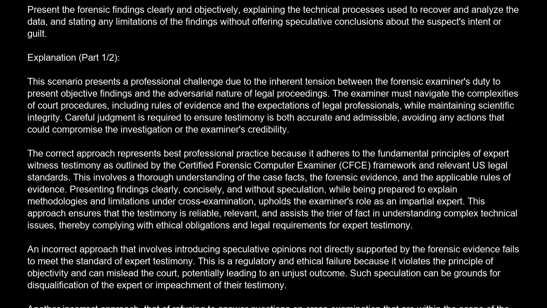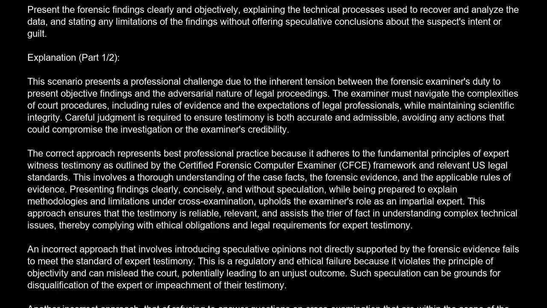The examiner must navigate the complexities of court procedures, including rules of evidence and the expectations of legal professionals, while maintaining scientific integrity. Careful judgment is required to ensure testimony is both accurate and admissible, avoiding any actions that could compromise the investigation or the examiner's credibility.